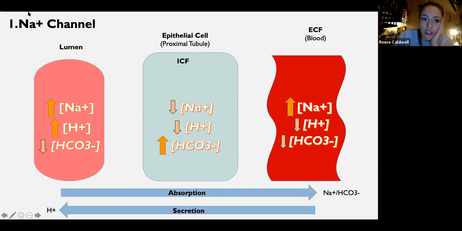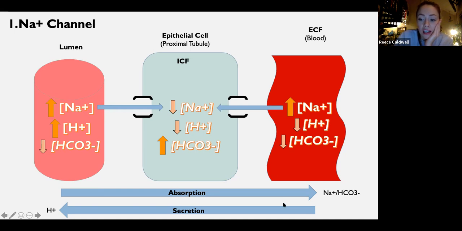And again, sodium channels are very basic and easy to understand. Sodium moves from high to low. So we open up those channels and sodium moves from high to low and high to low. However, we need to cancel one of these out because again, we have a goal with our sodium. We're trying to absorb our sodium.